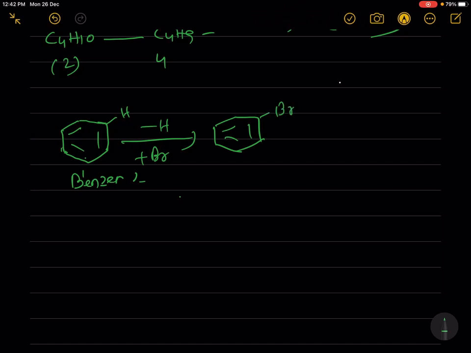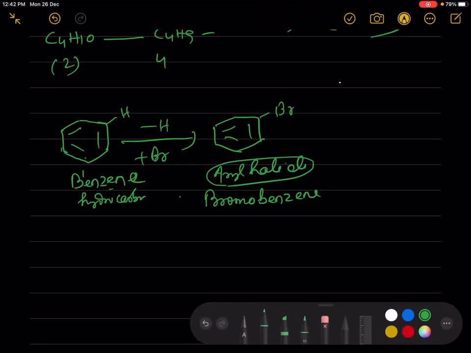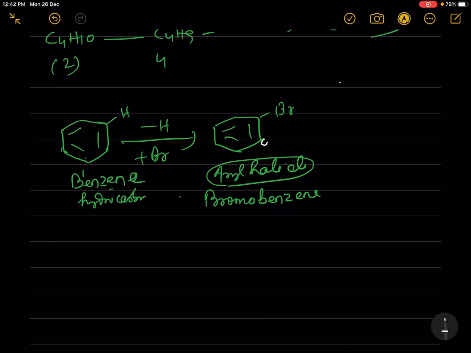This is benzene. This is a hydrocarbon. But this is an aryl halide. And this is bromobenzene. For bromobenzene, you remember adjacent carbon atoms next to this carbon are ortho positions. These are meta positions. This is the para position.